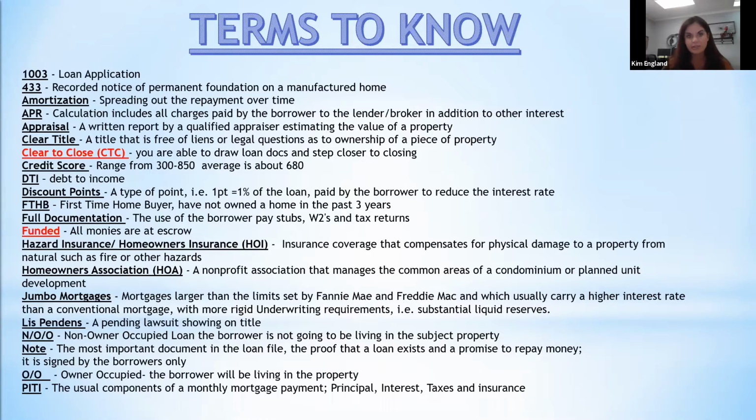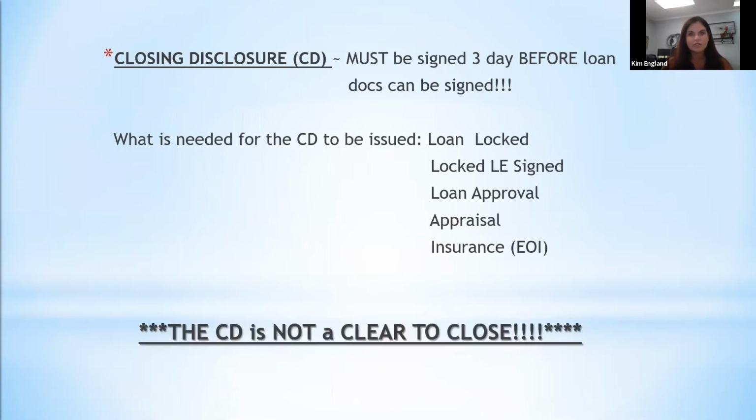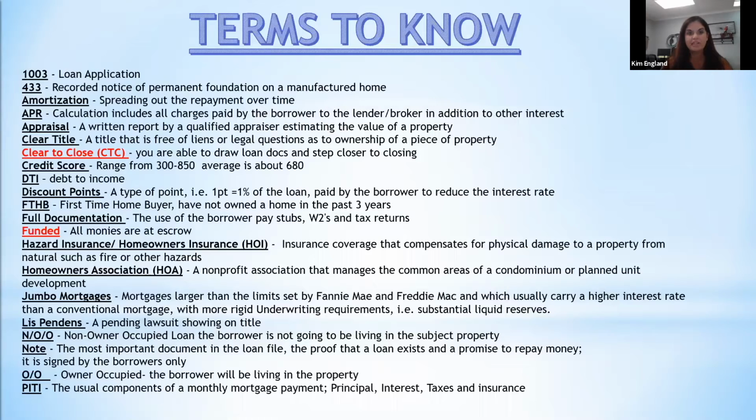You're clear to close. Clear to close, which I guess I should go back. A closing disclosure doesn't mean you're closing the loan. A closing disclosure just means the fees are finalized, period. You're clear to close right here. This clear to close in red, or you'll hear people just throw out CTC. CTC are beautiful words because that means the loan is cleared.